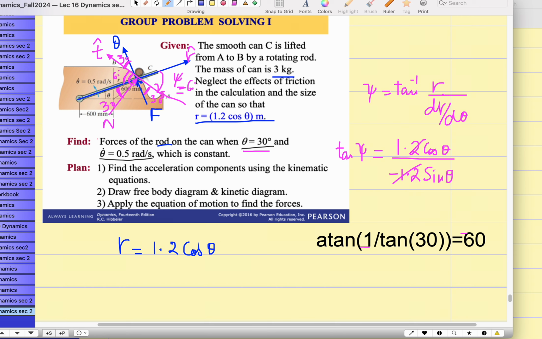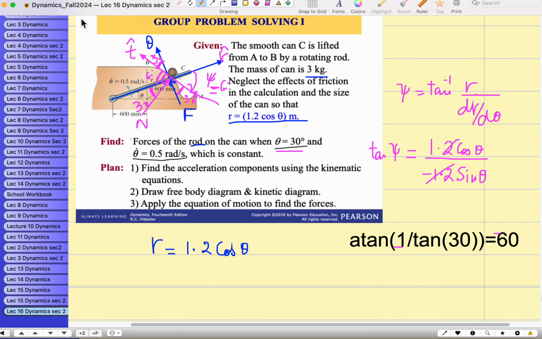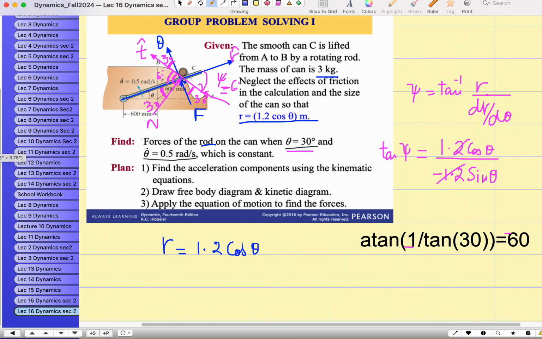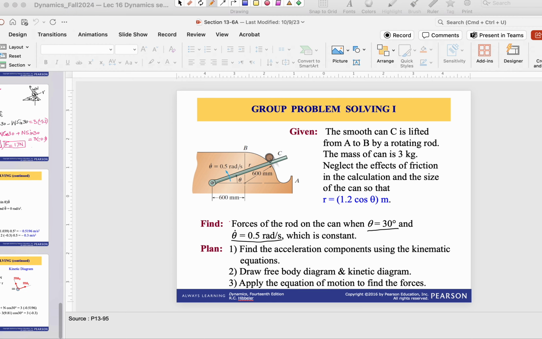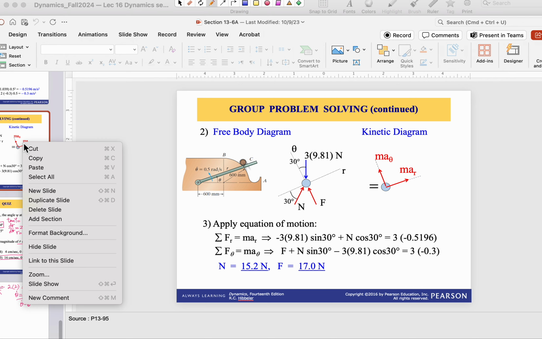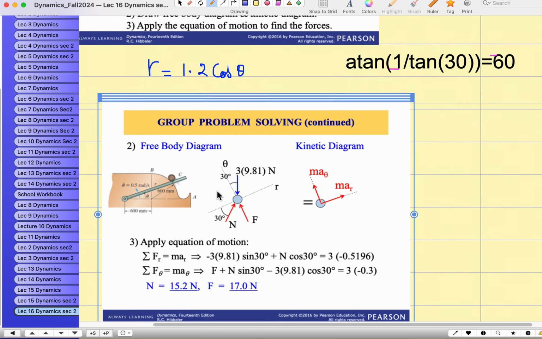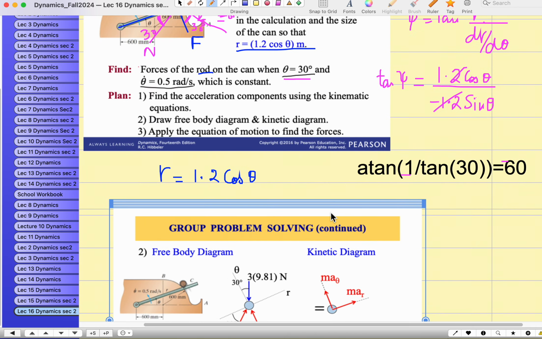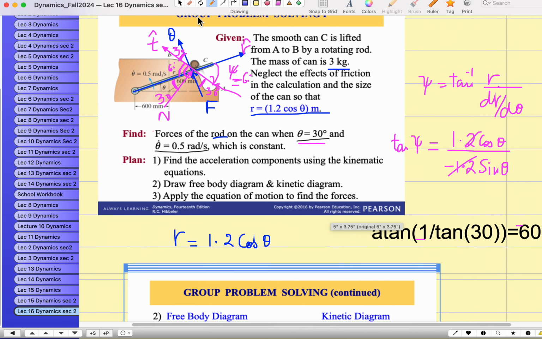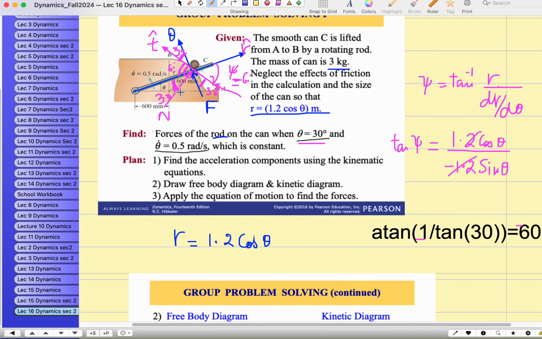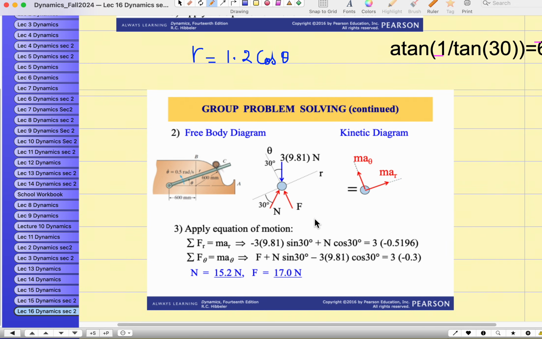The remaining math is easy. Let me grab one more slide to show you. As we already calculated, the angle with the radial and normal force is 30 degrees, and I explained it earlier.